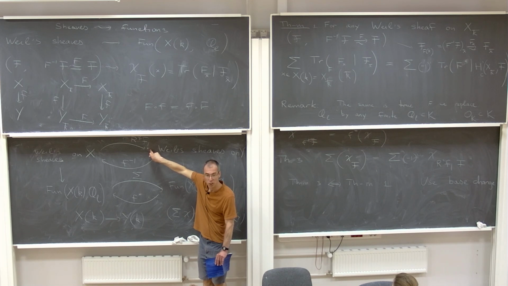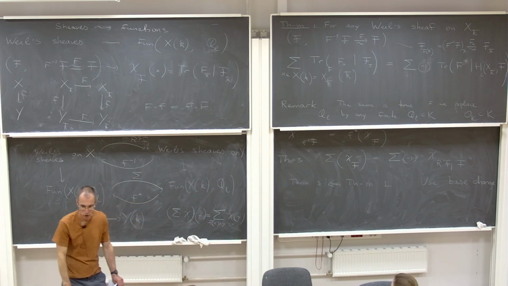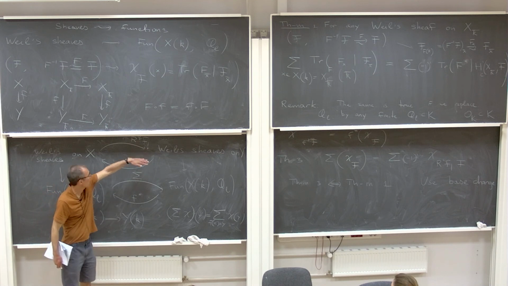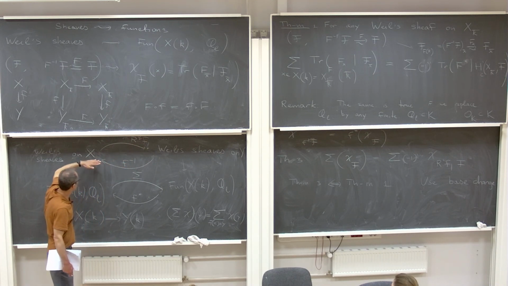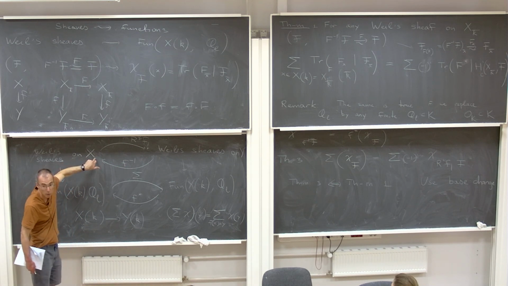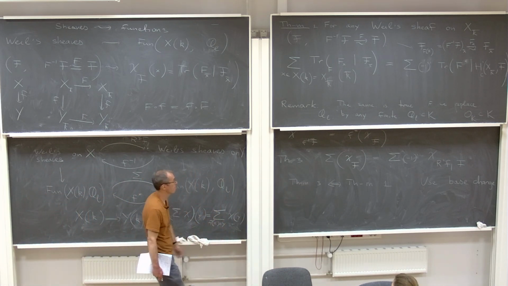The f lower star satisfies only the proper base change property. But we proved that, at least with finite coefficients, the fiber of this sheaf is the compactly supported homology of the fiber. And this amounts to this property here.